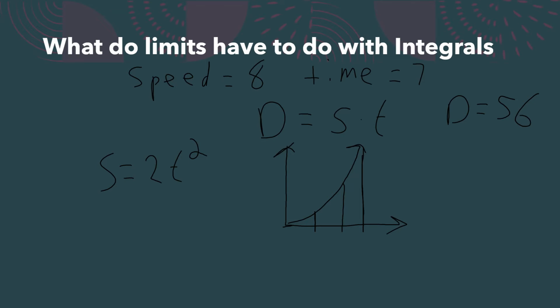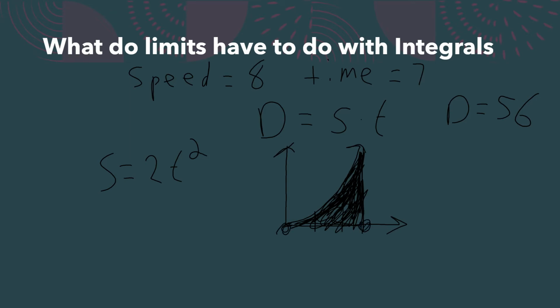What the integral says to do is take the area under this curve, and we'll explain why that works. In fact, we'll go over this when we come back to class. If we take the area under here, that gives us the distance you traveled from here to here.